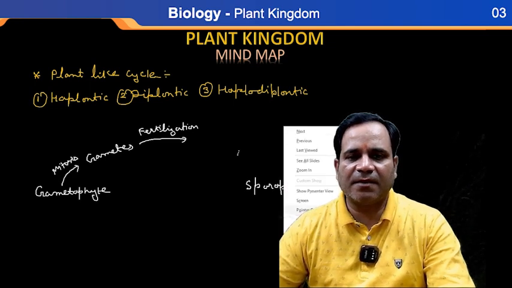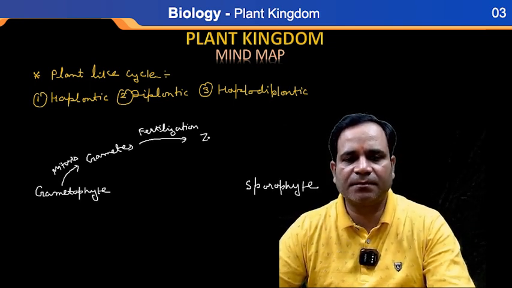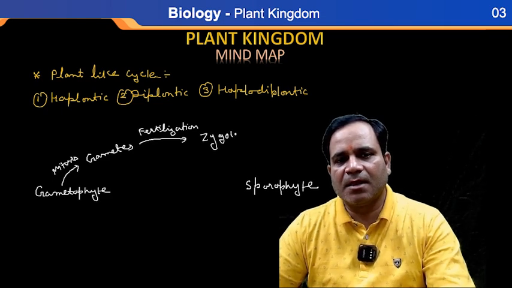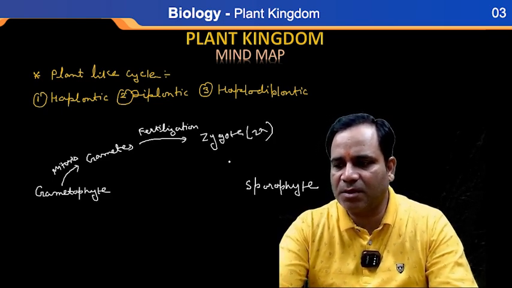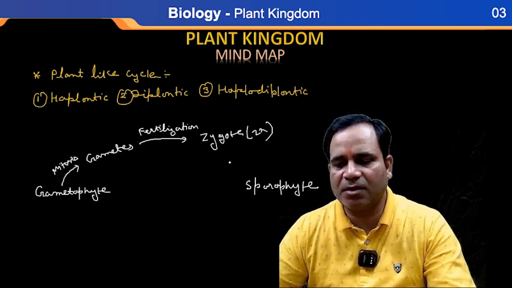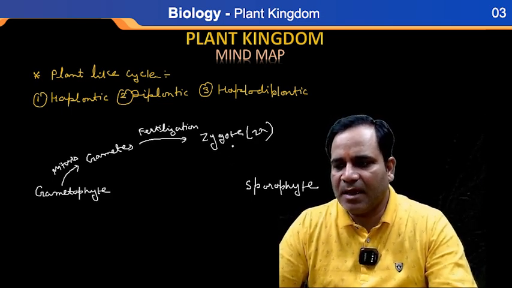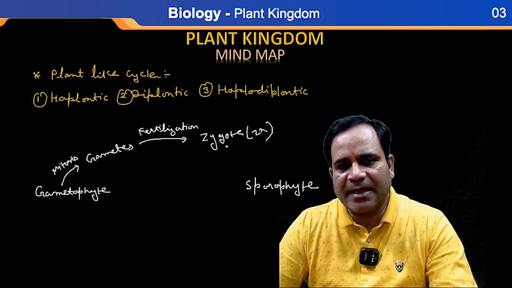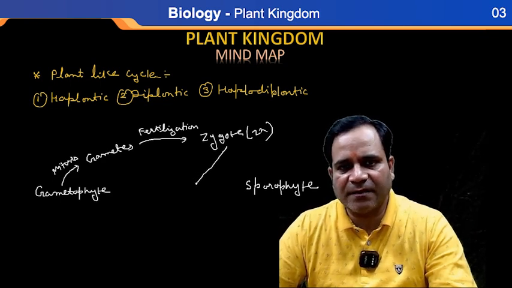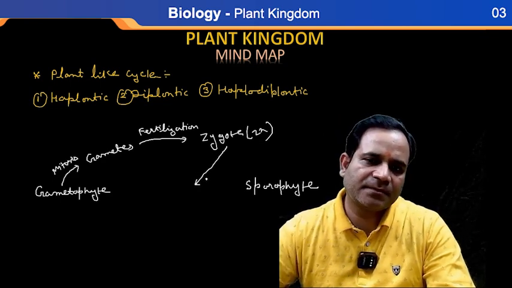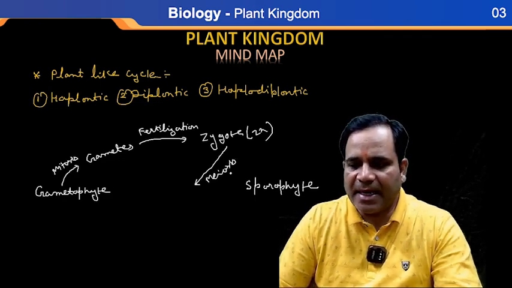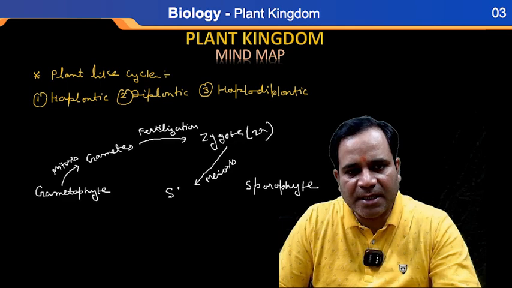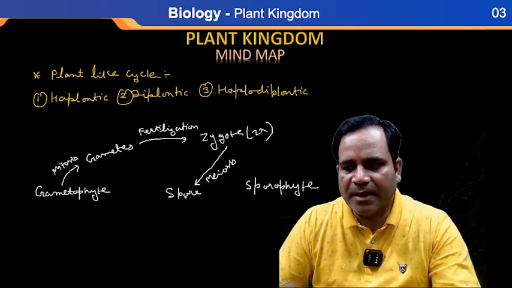After fertilization, it forms a zygote. And the zygote is diploid. In the zygote, directly the meiosis will take place, and this meiosis will form spores.